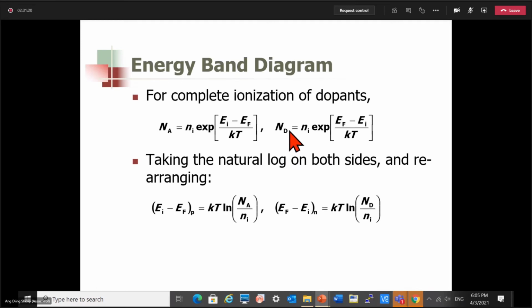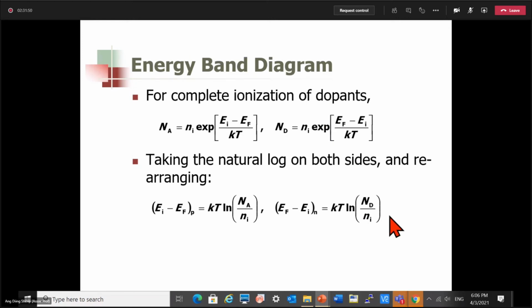Similarly, for the N side, I can assume the electron concentration to be equal to Nd. So I can evaluate EI minus EF on the P side in terms of the doping concentration, and do the same for EF minus EI on the N side. The natural log comes from the elimination of the exponential function; you take the natural log to eliminate the exponential.